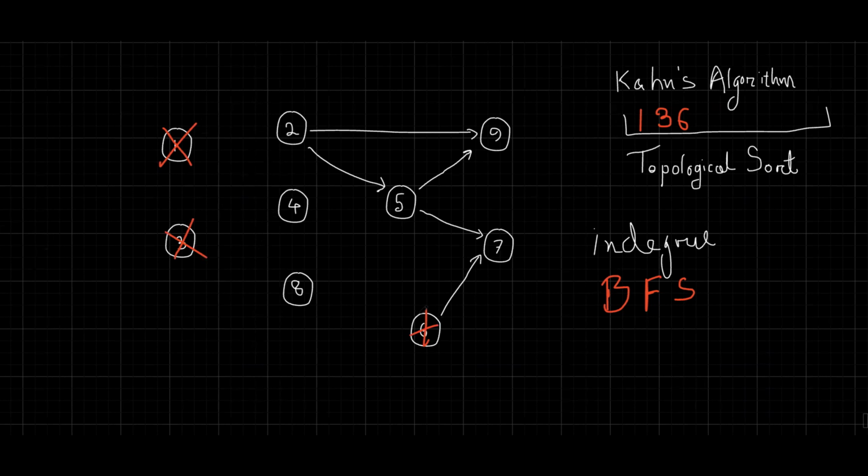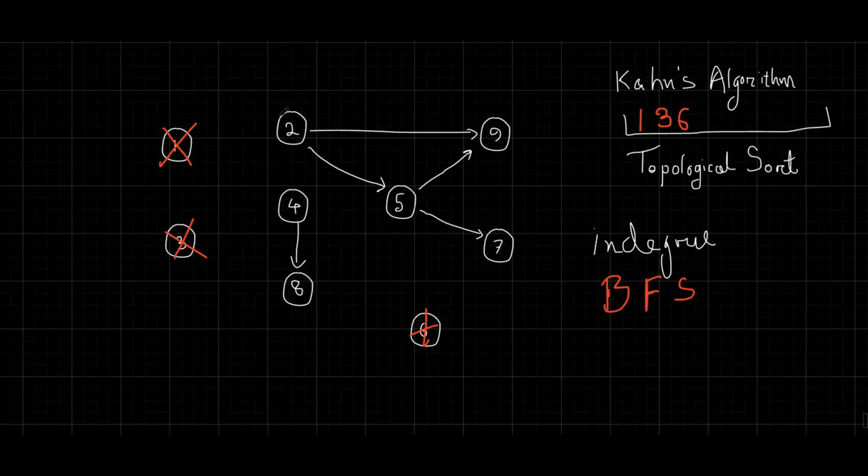So 1, 3, and 6 are removed. Sorry, there is one edge. It should remain the same. Now, what is the node which has the in degree of 0? The nodes 4 and 2 have in degree of 0.